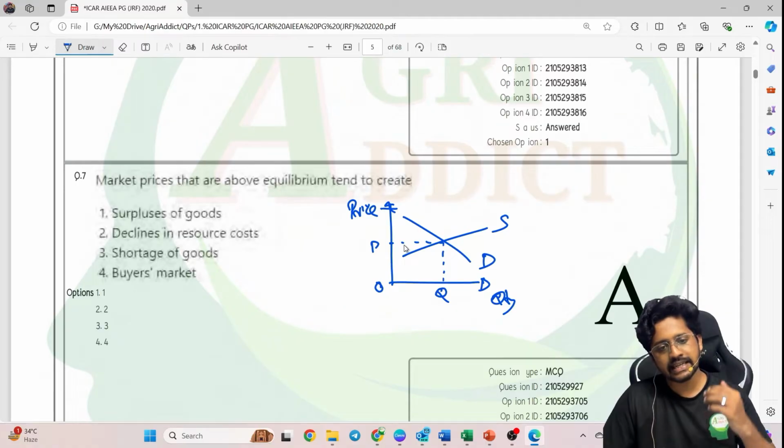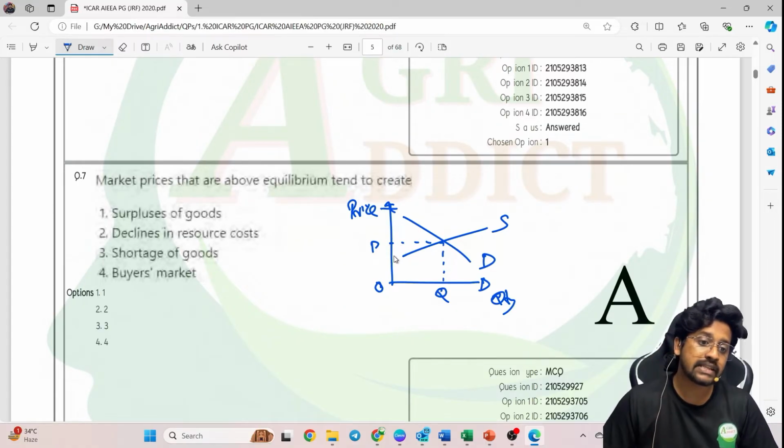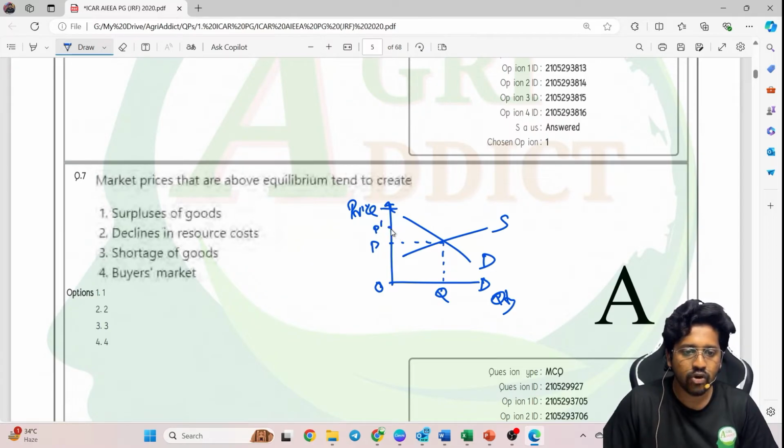The question goes like this: what if the market prices are above the equilibrium? So what if the price is above OP? Let it be OP dash. What will happen? If we extend here, we can say that supply will be greater than demand, right? So it will create some surplus.